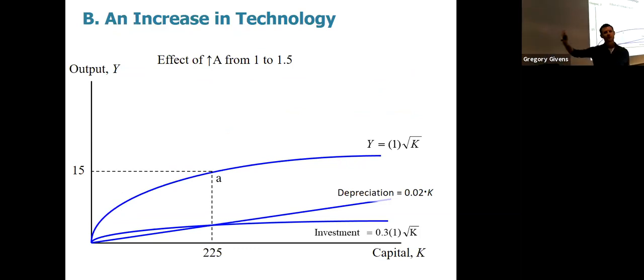Again, I want you to think about this using the graphs of the model, where we have a production function, this investment schedule, and our depreciation schedule. The steady state level of capital, again, is initially 225. And so this is the initial output level at point A, equal to 15. If technology improves, what happens to this picture?